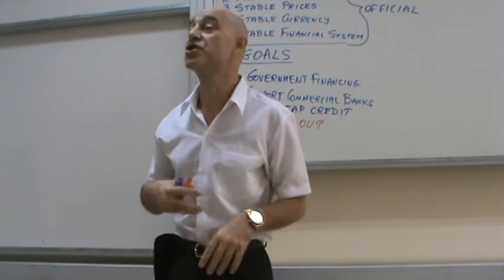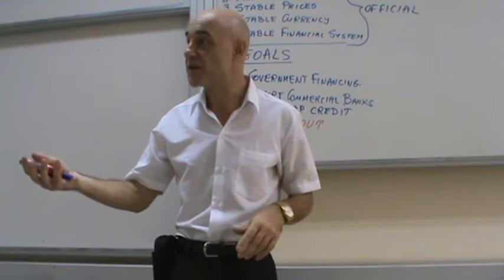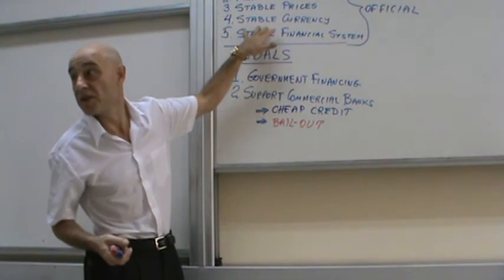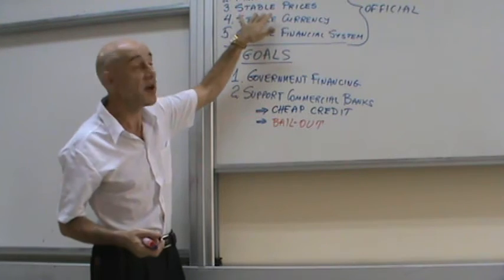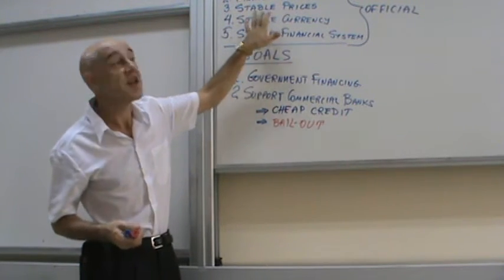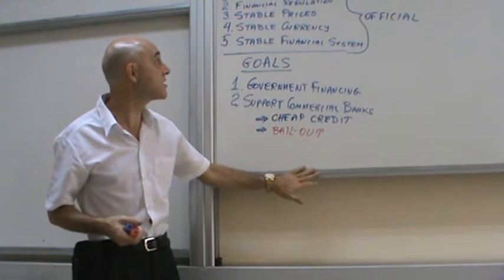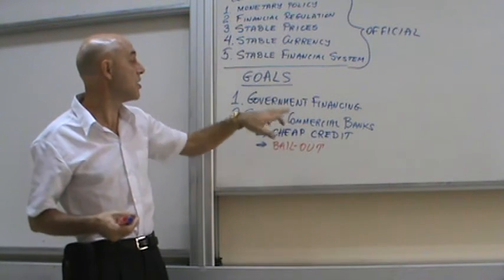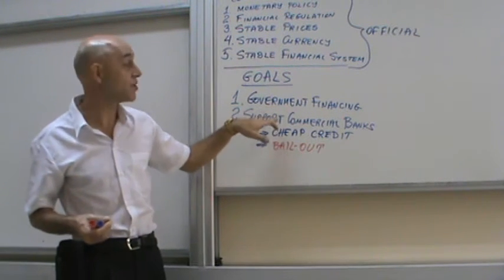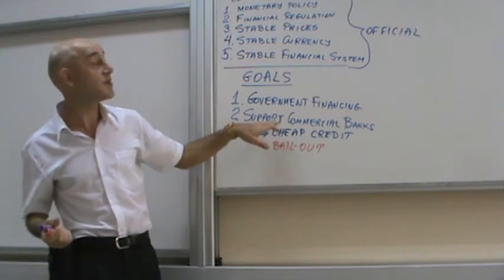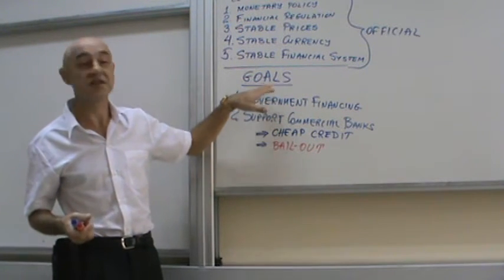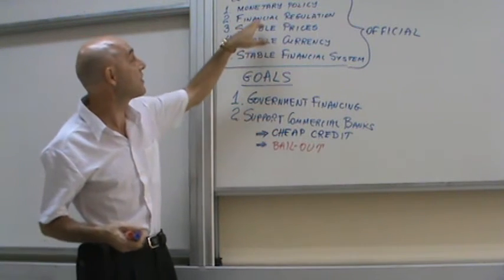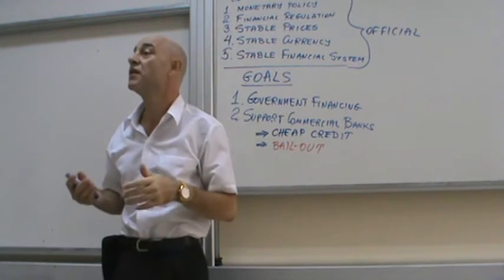Central bank doesn't serve the people, doesn't care about people, doesn't care about stable currency, it doesn't care about stable prices. It will always sacrifice stable prices in order to finance the government or take care of them. In other words, central banks take care of the government and the banks. If it has to sacrifice financial regulation, it will.